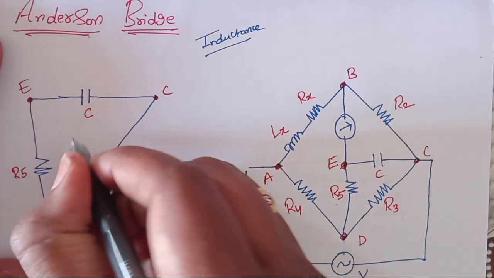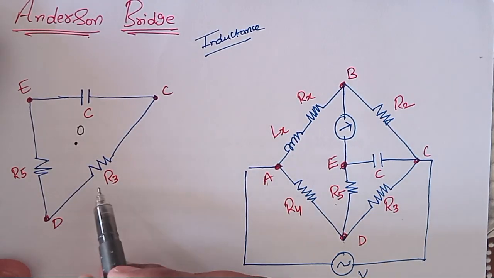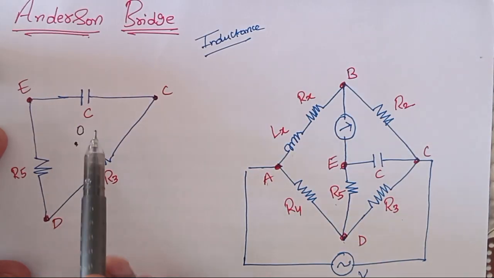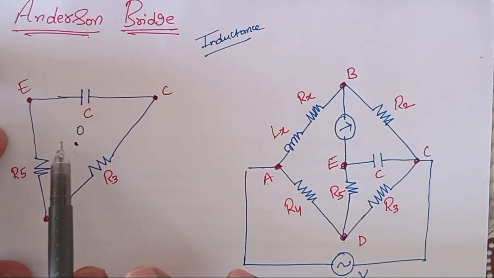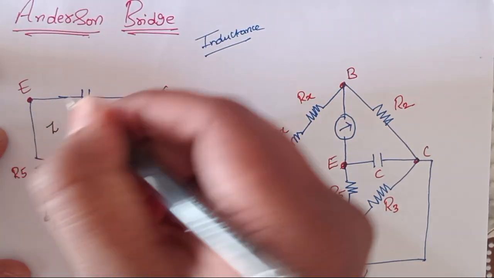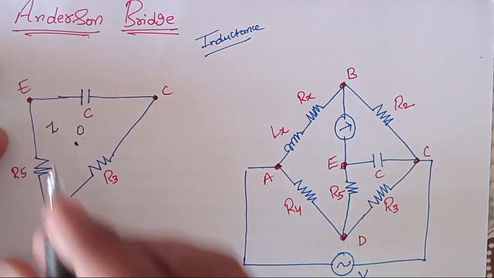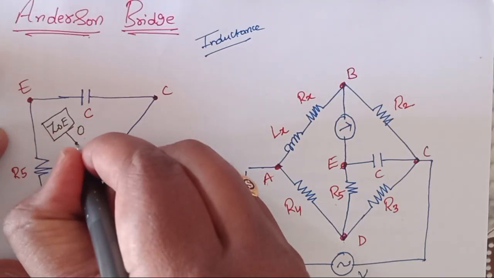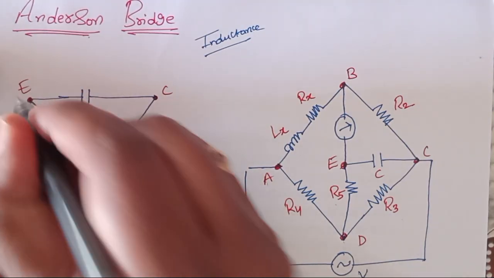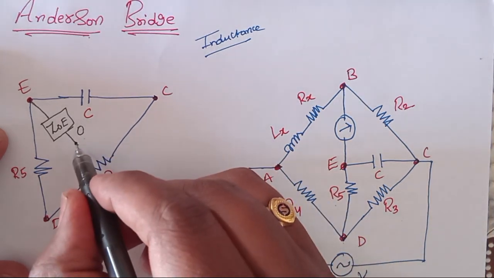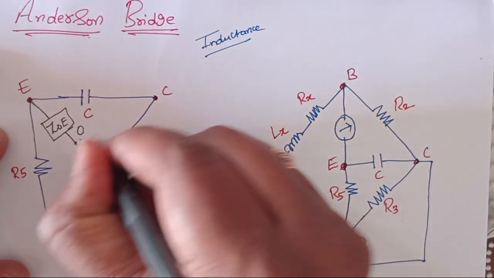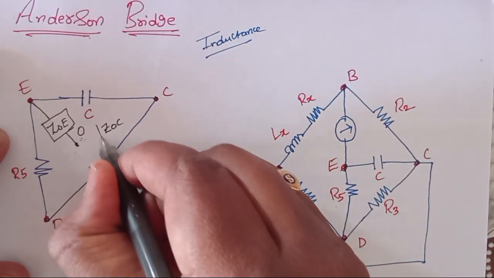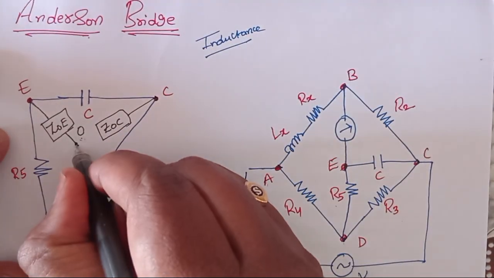I am assuming the origin O. The impedance between the points O and E I'm representing as ZOE. The impedance between the terminals O and C is ZOC.